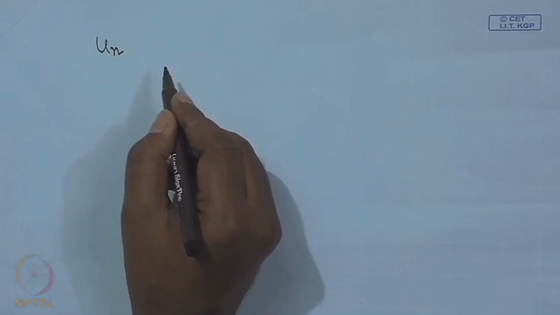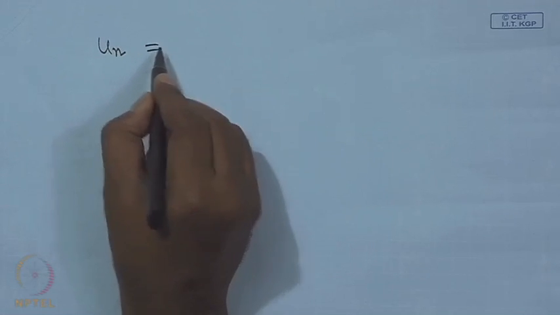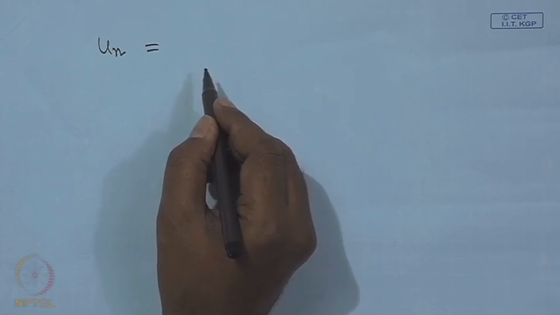In the last class we were looking into the solution of the basic problem when the boundary condition is a Robin mixed boundary condition, and we have solved up to the value of u n, the solution corresponding to the nth eigenvalue.